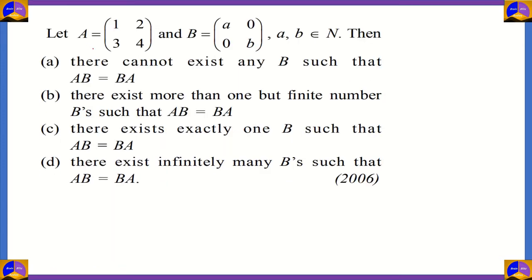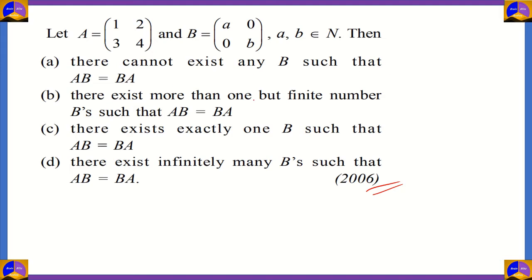Let A be the matrix 1, 2, 3, 4, and B be the matrix a, 0, 0, b. Little a and little b belong to the set of natural numbers. Then, which of the following statements are correct? Now this question is again asked in 2006, and we need to find out the relation between matrices A and B. Option A: there cannot exist any B such that AB equals BA.